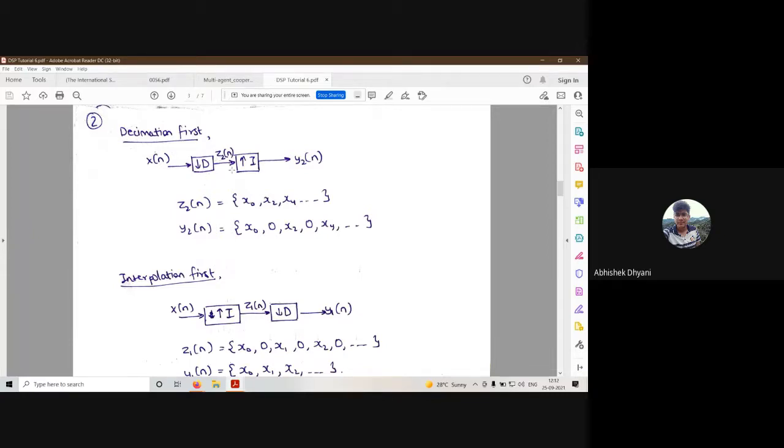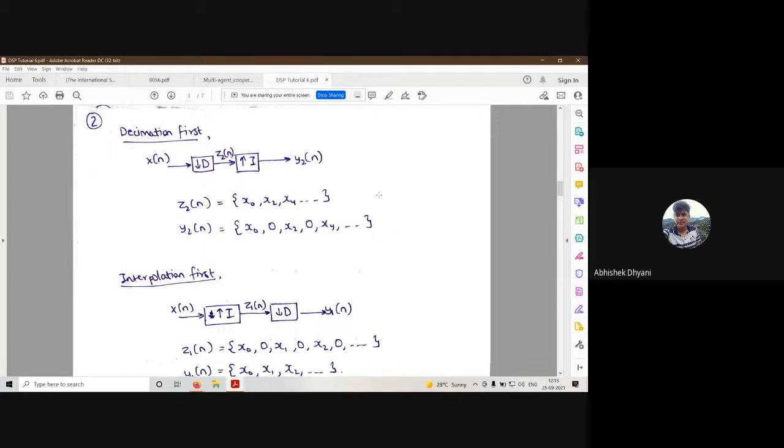Then we pass this signal through the interpolator, which will expand the signal by a factor of 2, because I is equal to 2. This means that a single zero is inserted between every value of z2[n]. So it will be x0, then a 0, and then x2 and 0, and so on. And this is what y2[n] will be.